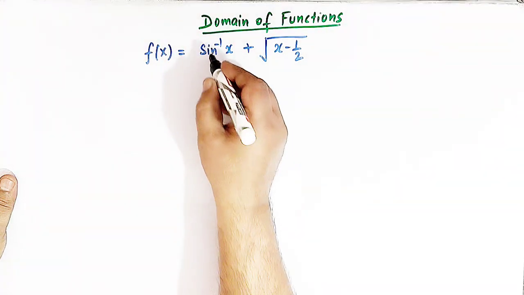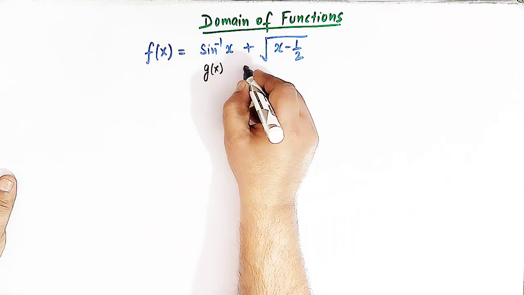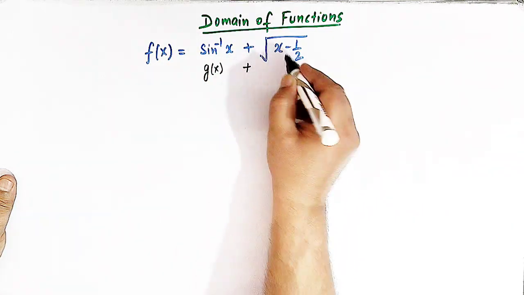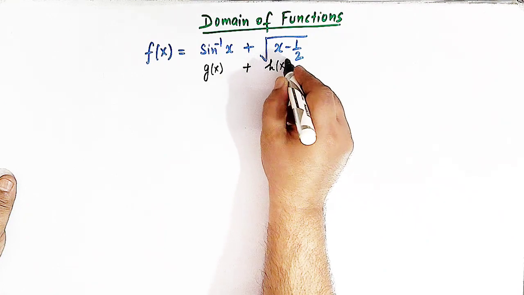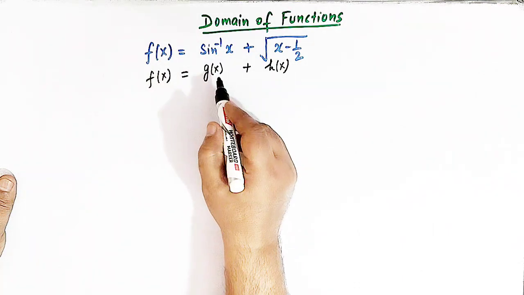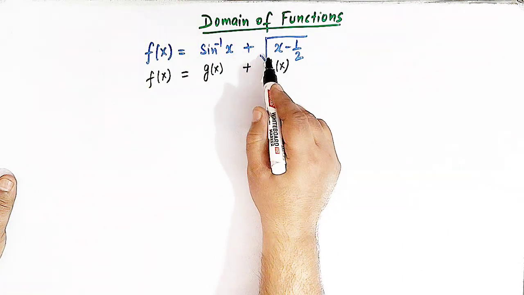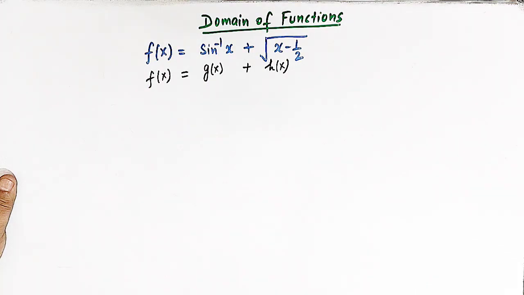Let us take this function as g of x, and this function as h of x. So here f of x is the sum of g of x, which is sine inverse x, and h of x, which is square root of x minus half.